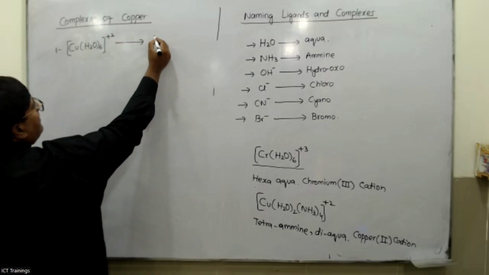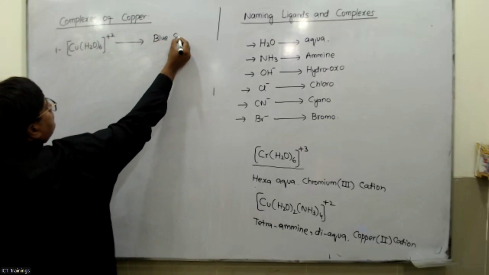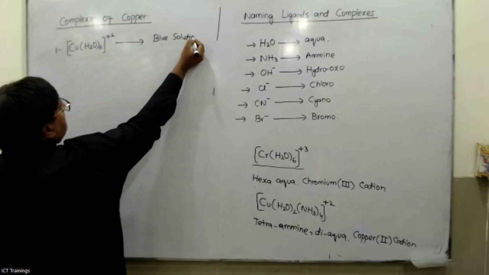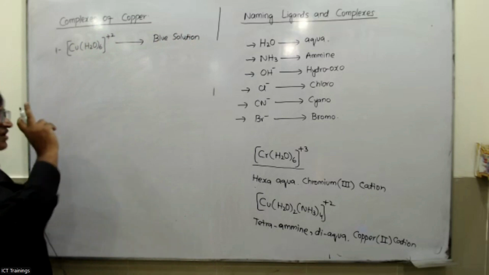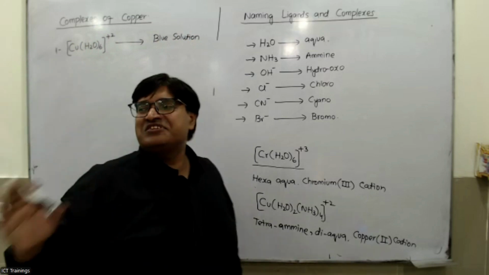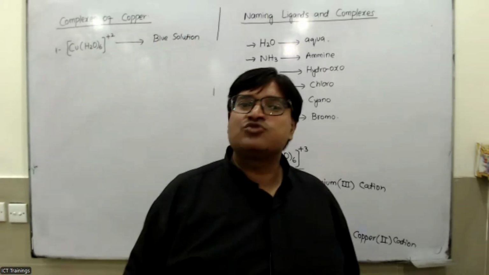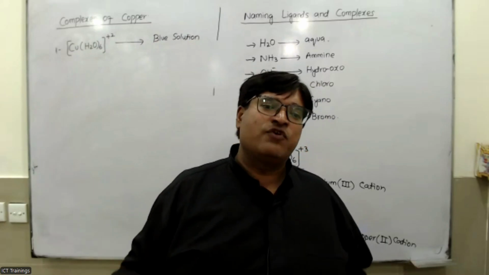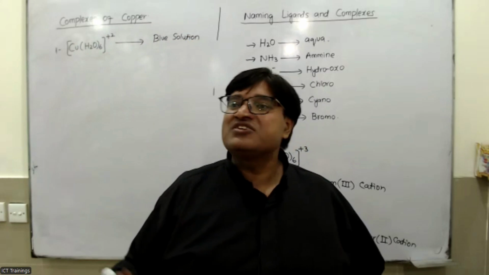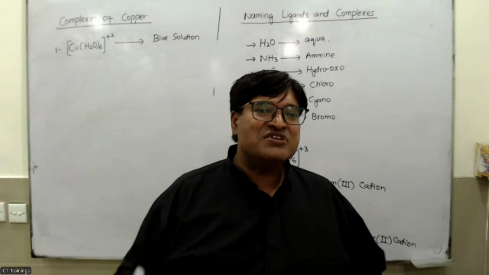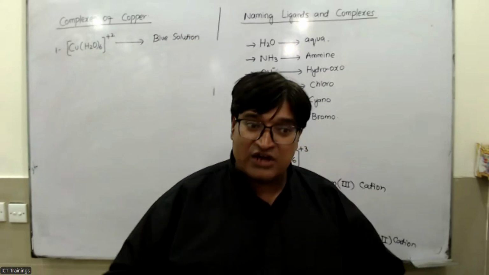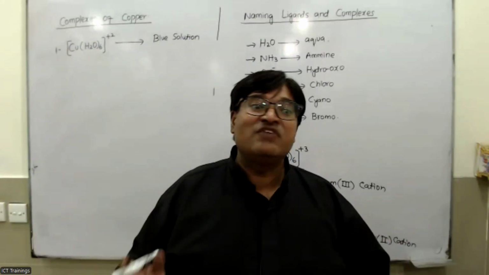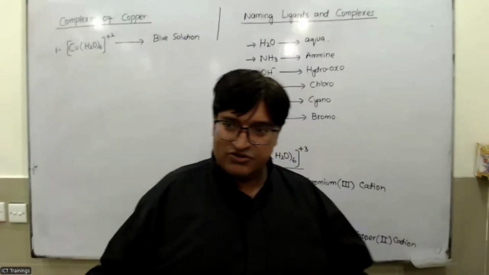This is actually the blue solution. One more thing: anything that has a charge on it, plus 2, minus 4, minus 2, always forms a solution because it is soluble in water. Anything which is neutral, having no charge, will form a precipitate. Keep this in your mind.